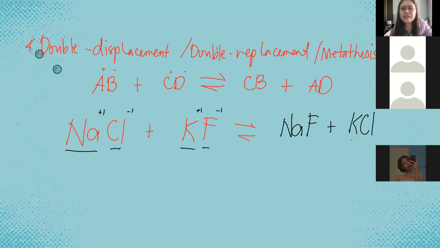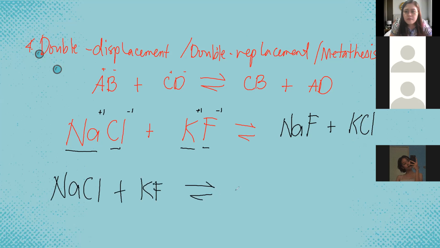So that's it for my discussion. We will continue next meeting. I'll just give you an activity tomorrow. It's also possible to write KCl plus NaF. It's possible. For example, what we wrote, NaCl plus KF, then you wrote KCl first before NaF.